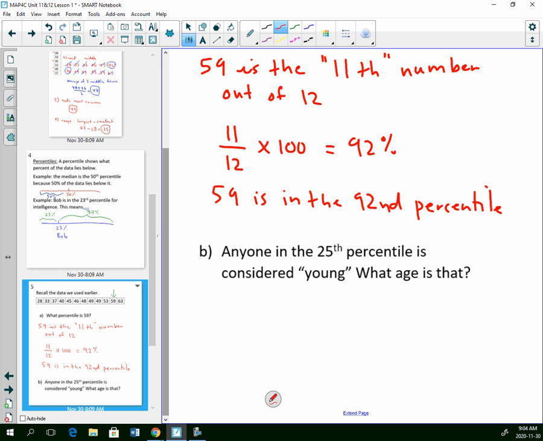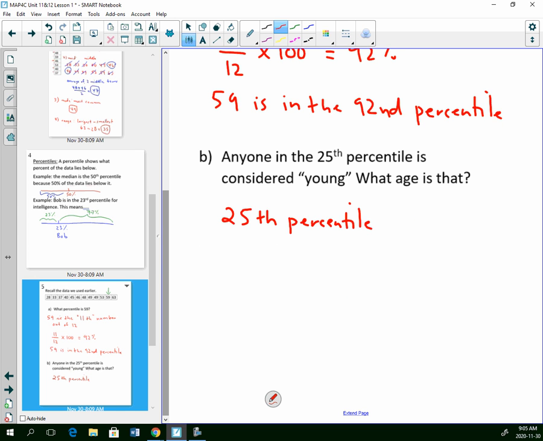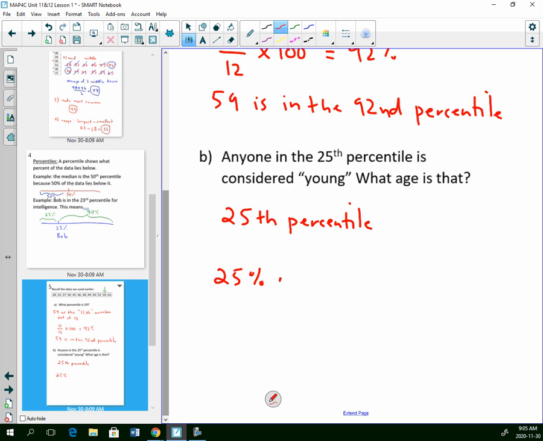Anyone in the 25th percentile is considered young for their age. So what does that mean? Well, we want 25%. Let's write this as 25th percentile. So 25th percentile means that you are the 25th percent of those numbers. So we're going to do 25% of 12 numbers, right?